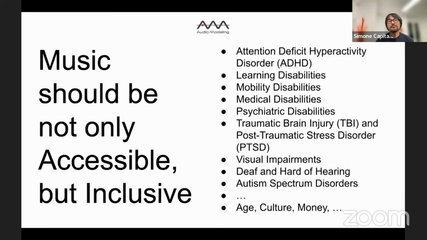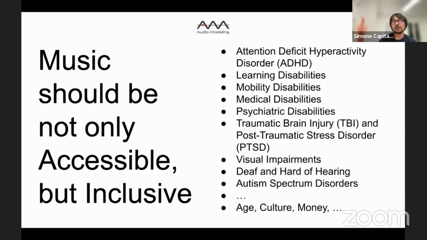So we focused on visual impairments, disabilities, but there are so many reasons why anyone could not use a music product or any digital product.